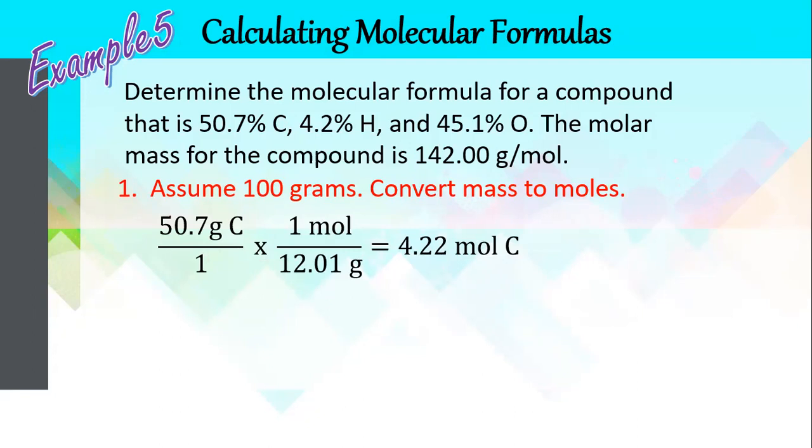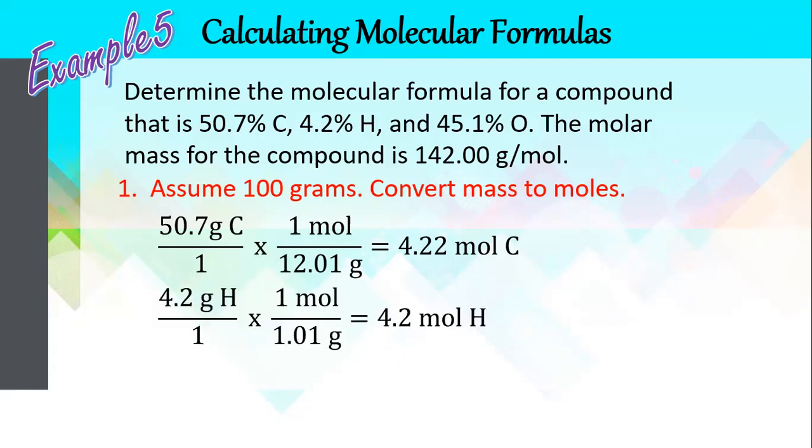Now let's turn our attention to hydrogen. The atomic mass is 1.01 grams of hydrogen per 1 mole, and so this is going to be 4.2 moles of hydrogen. And finally, let's move to oxygen.